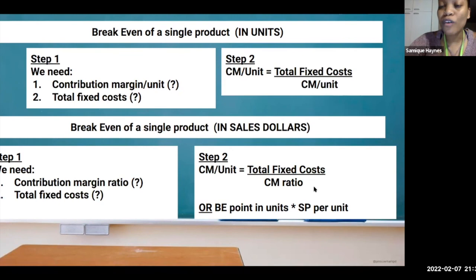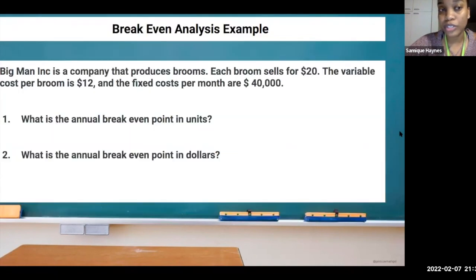And we know from before, we already learned how to calculate our contribution margin ratio, which is our contribution margin per unit divided by our selling price per unit. Or if we know the break-even point in units from up here, we can just multiply it by the selling price per unit to get the break-even point in sales dollars.